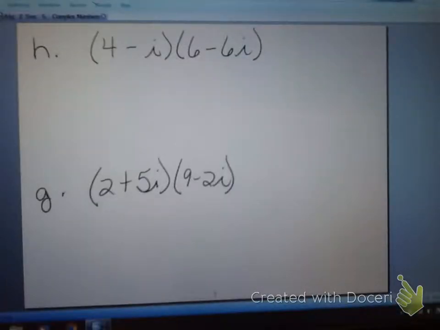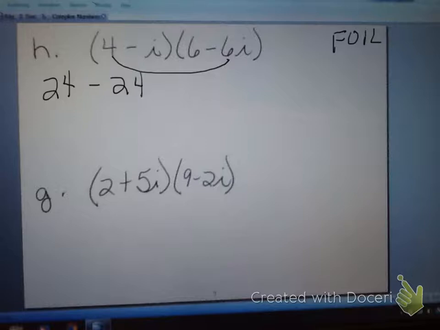H, we are doing the distributive property. So, I'm sorry, we're multiplying two binomials together, so we do the FOIL method. 4 times 6 is 24. My outside is a negative 24i. My inside is a negative 6i. And my last, negative 6 times a negative 6, is a positive 36i squared.